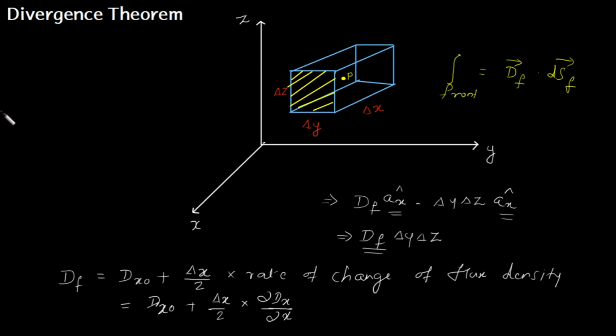Now I have df with me. Now I can easily substitute this value into this equation, agree? So df can be easily substituted into this equation, and this equation is nothing but my evaluation of the front surface. So let us do that.